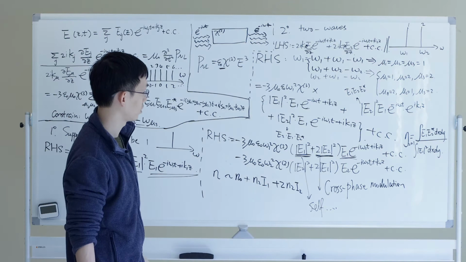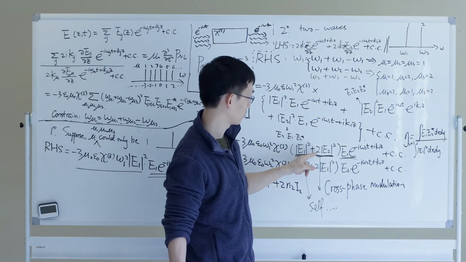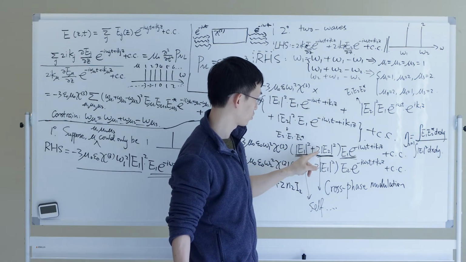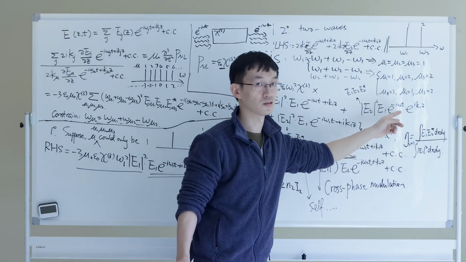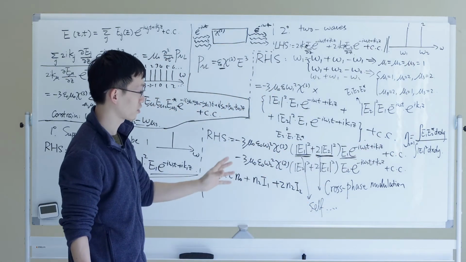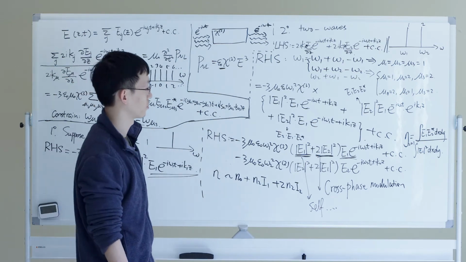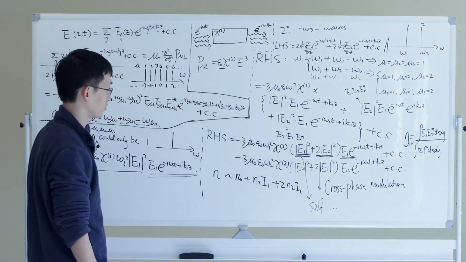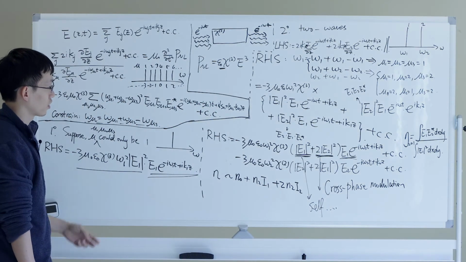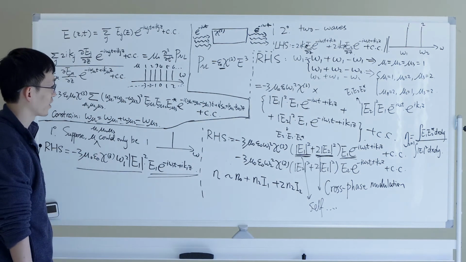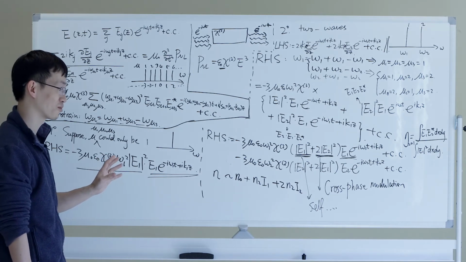And then it's not always just 2 times this, because you have to consider there's an overlap factor. In this class, because we always use plane waves, it's fine, we just keep the 2, and there's nothing else here.